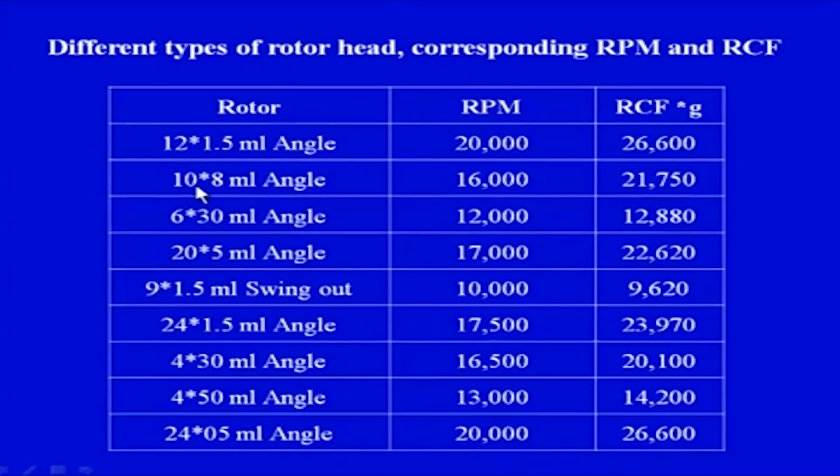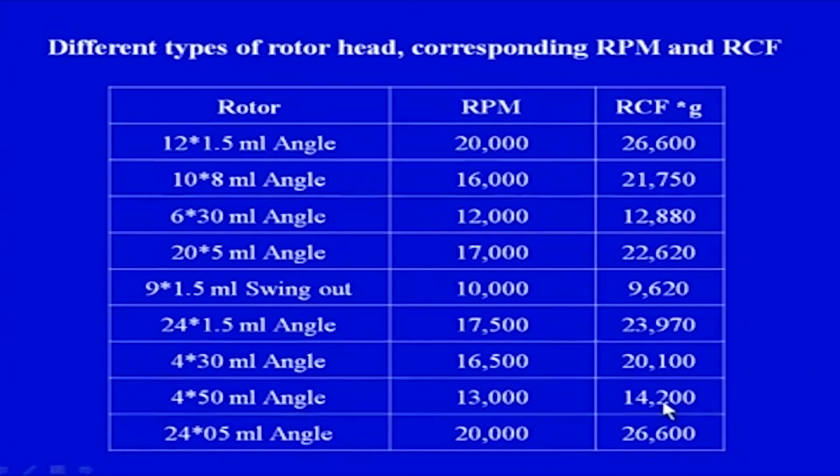Likewise, there could be other rotors, say with 10 slots for 8 ml material, which is an angle rotor, and the RPM is 16,000, where RCF is 21,750. You can see there are a whole lot of different centrifuges which we have listed here, and depending on the type of centrifuge and rotations, RCF will be determined.